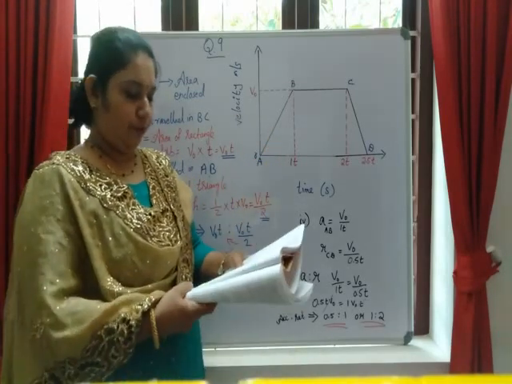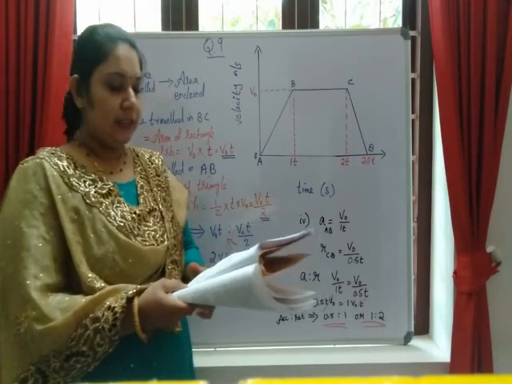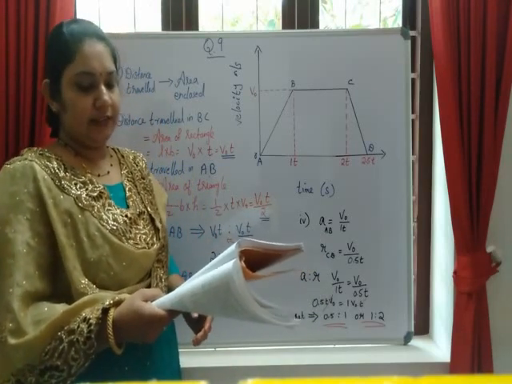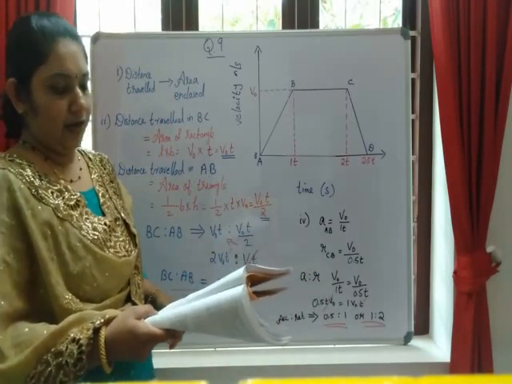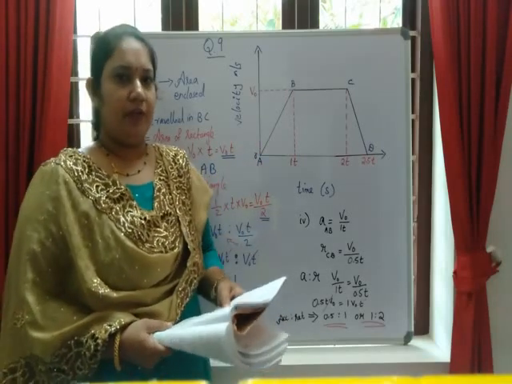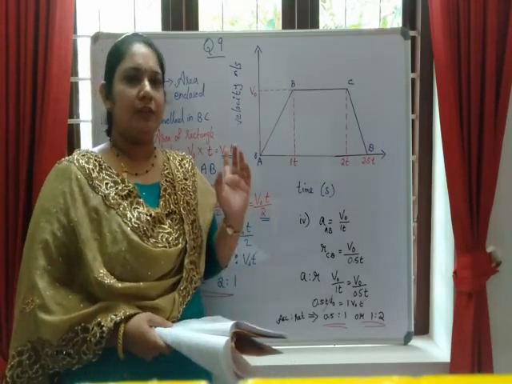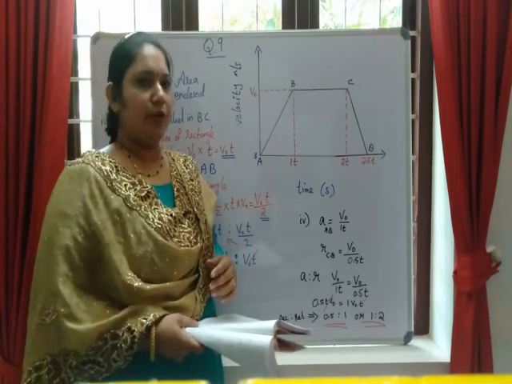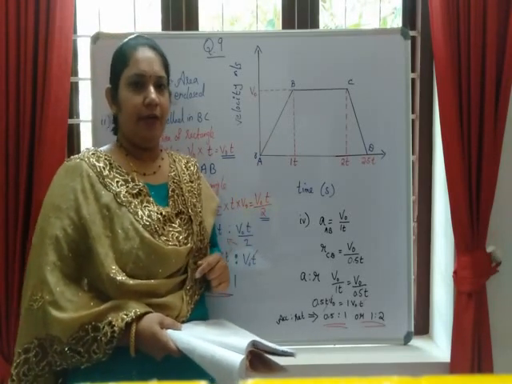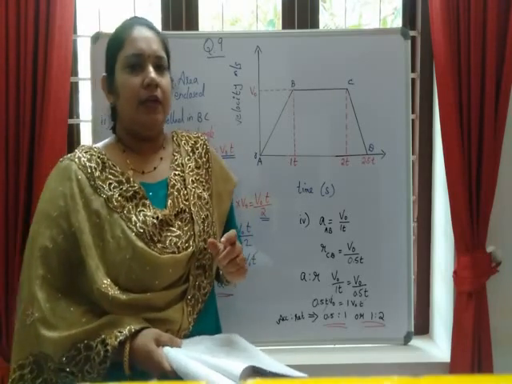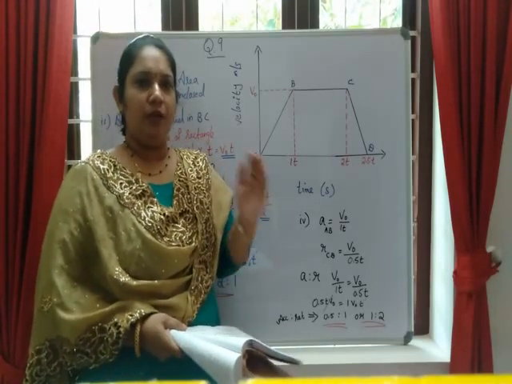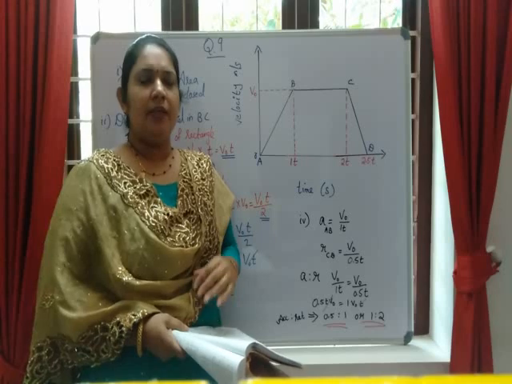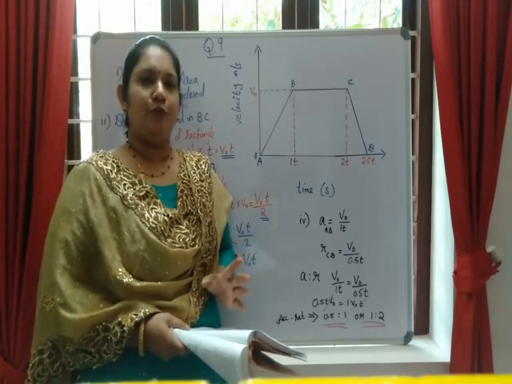Using this graph, your first question is, state how the distance traveled in any part is determined from the graph. When I explained in the first video how to calculate the displacement or distance from the graph, I told there is a small trick. If it is a direct formula, velocity is displacement by time, we can apply the formula.